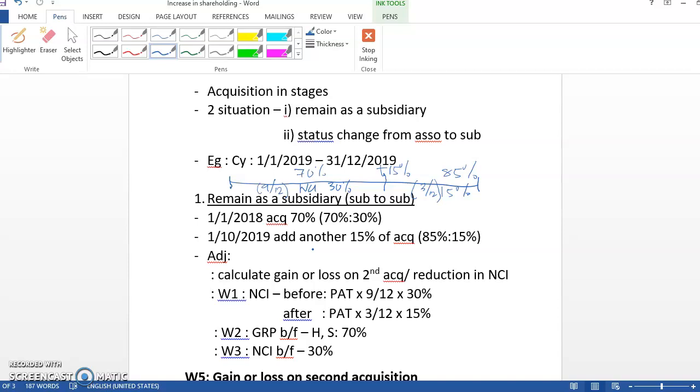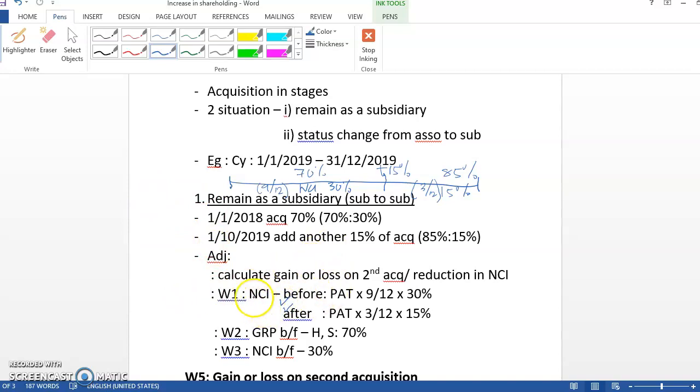Okay, when we have a SOPL, we have working number 1. Working number 1 is for NCI, right? So now for the same company, you will have a calculation of NCI before and after. You need to write down before and after.